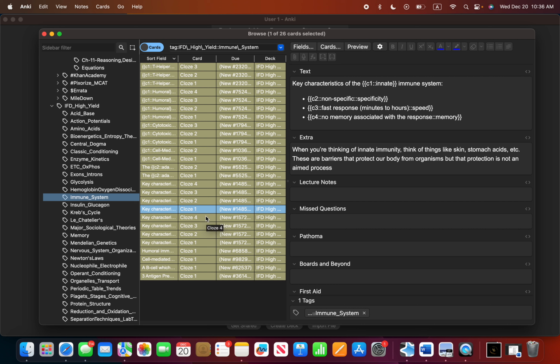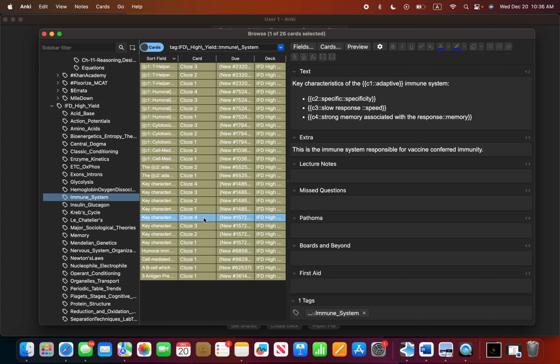Also, there's no memory associated with the response for the innate immune system, but for the adaptive immune system there is a strong memory associated with the response, like you can think of antibodies. This is the immune system responsible for vaccine conferred immunity, so it can be safe for months, and we all experienced that with COVID.